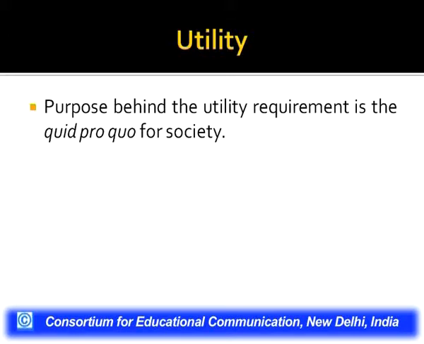Well, the purpose behind the utility requirement is quid pro quo for society. This purpose can be called a corollary of the statement given by C. Robinson in the 19th century, where he says that it is not the only requirement of the person seeking a patent to bestow the invention to the public. He has to confer the benefits of that invention also to the public.